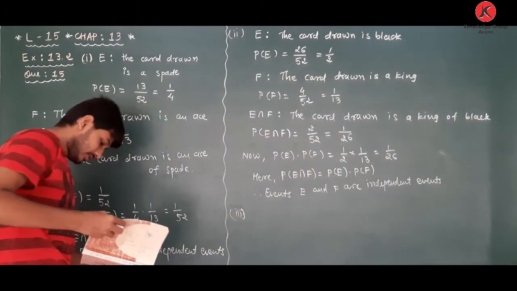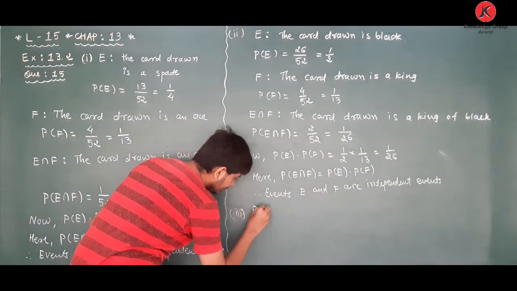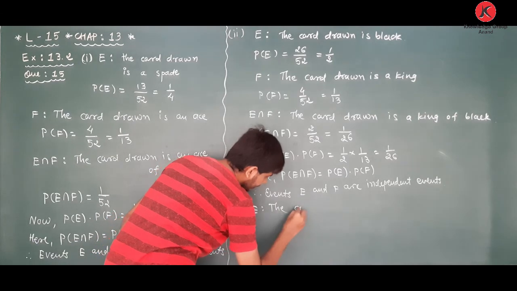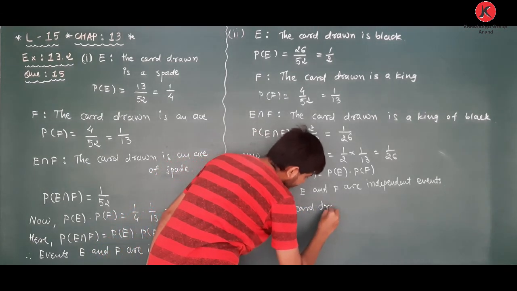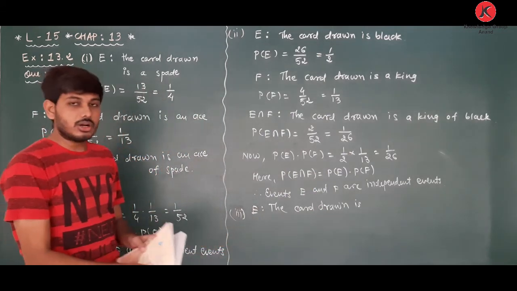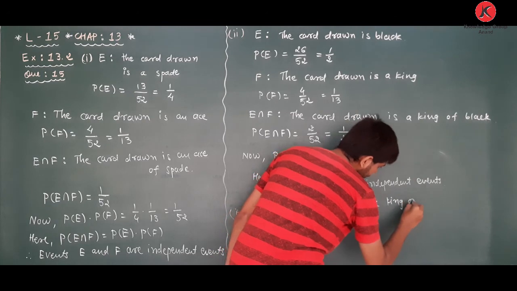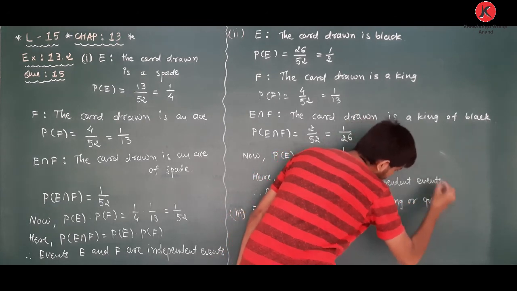So the third one, the event E: the card drawn is king or queen. So what is the probability?